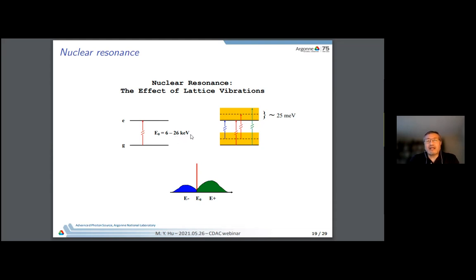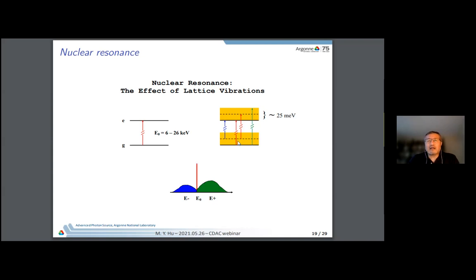We know these nuclei are involved in vibrations, and these yellow bands are so-called phonons. If there's no energy exchange between the incident beam and the lattice system and the nucleus, you have the so-called elastic line. That's where all the conventional Mossbauer nuclear resonant scattering happens.